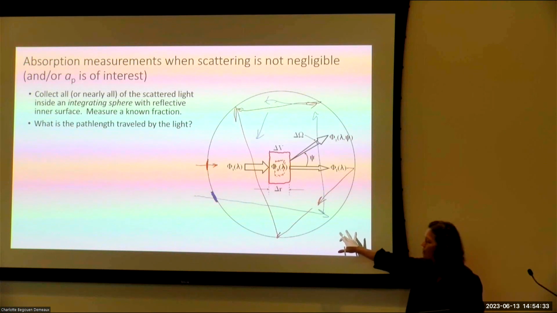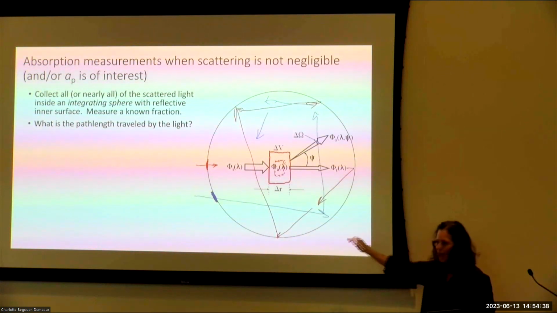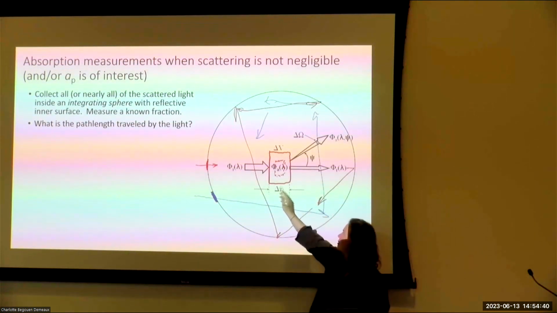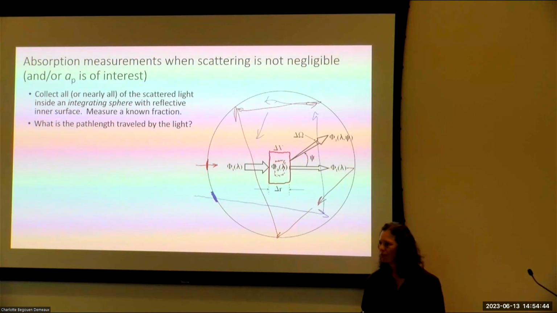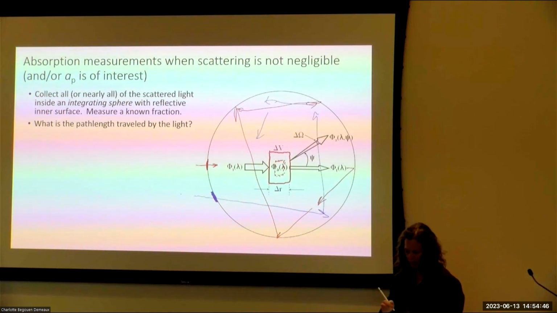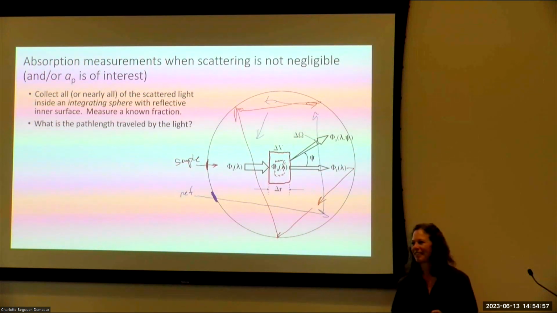So now the only difference between our reference and our sample is that the reference didn't pass through this pathway on the first entrance. Okay, this is the reference. So that's going to correct for the fact that the path length gets way big, bouncing around inside the sphere.